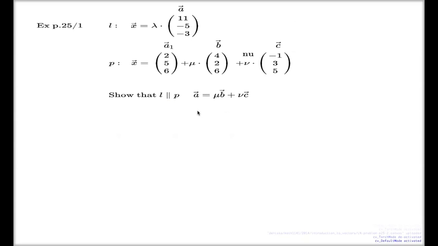In case you want to test that the line L intersects the plane P, look what you have to do. You have to look into the vector equation like this.